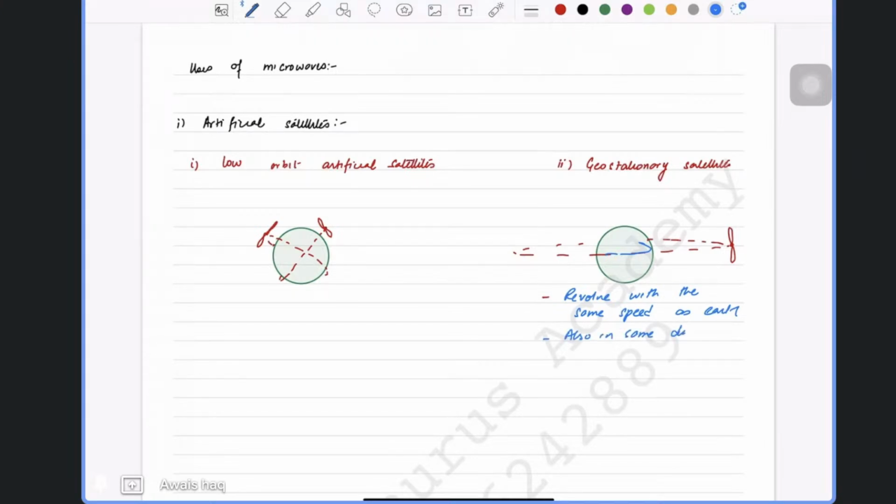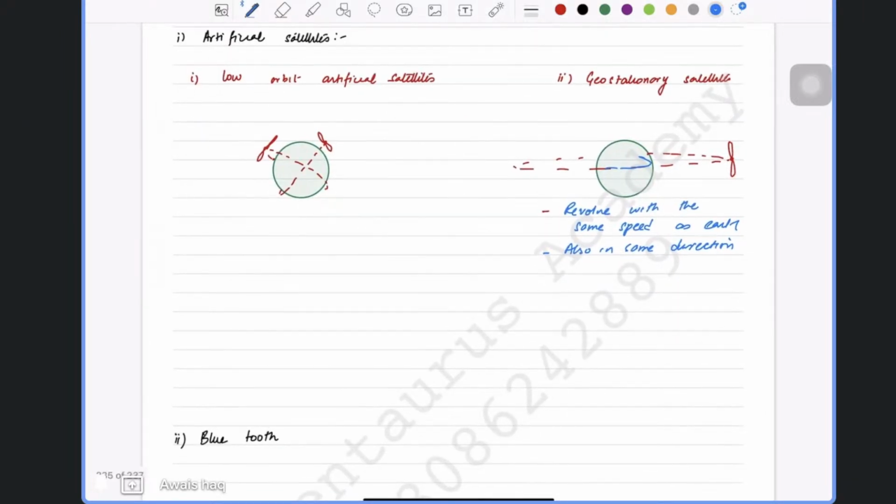That is why they are called geostationary: it seems like they are at one point, but they're not. They're moving in synchronization with Earth. Low orbit satellites just move everywhere. You need to understand that.